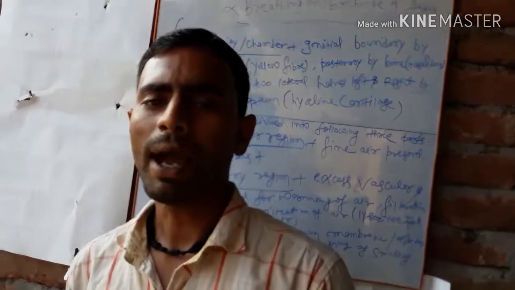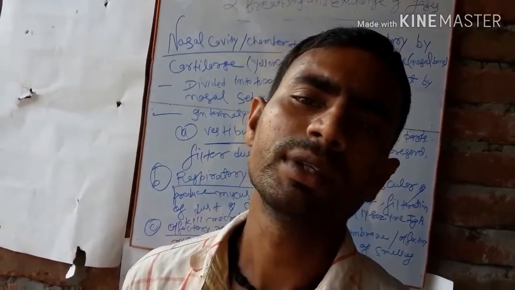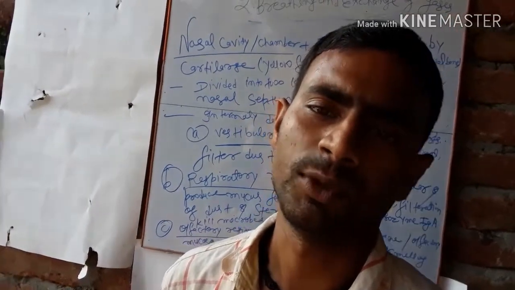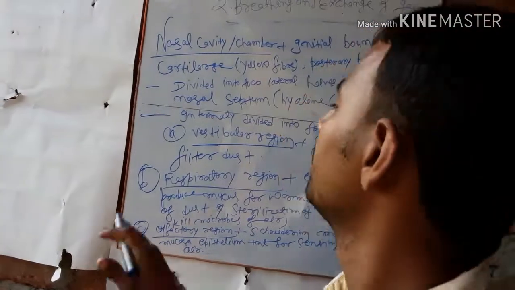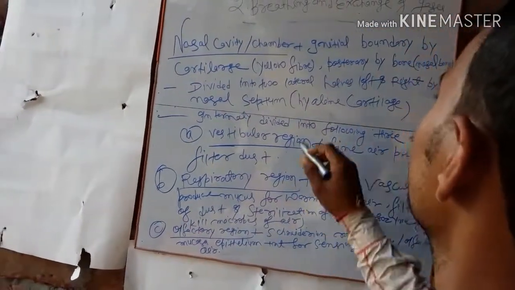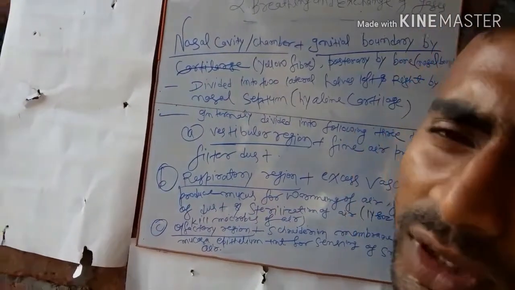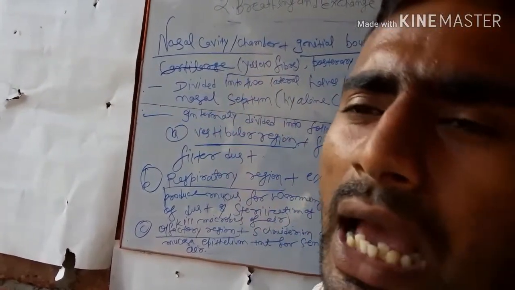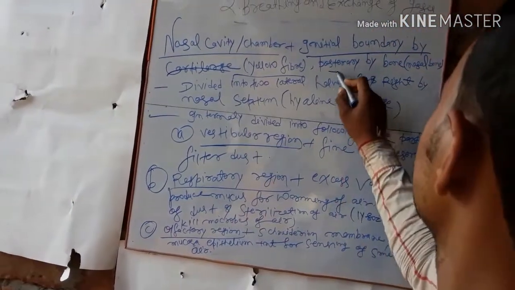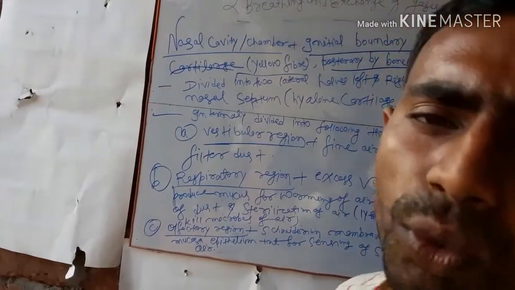Let's see the nasal cavity and chambers. Anteriorly it is bounded by cartilage, that is yellow fiber, and posteriorly by bones, the nasal bone. Nasal means nose.